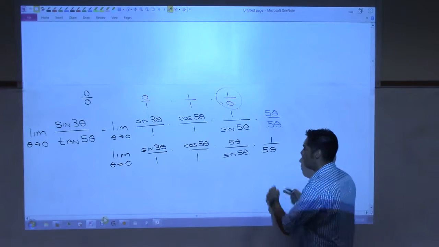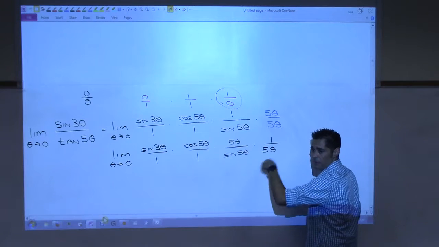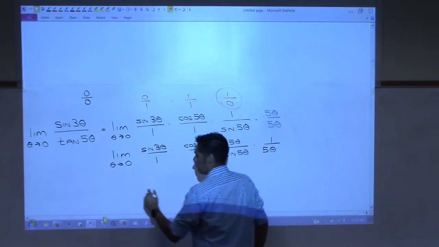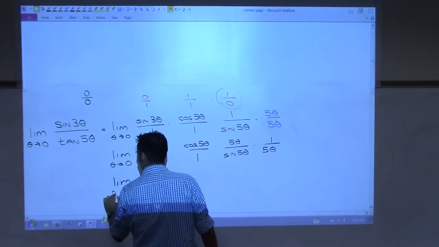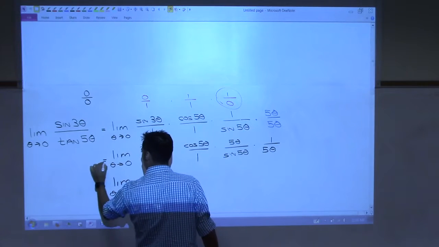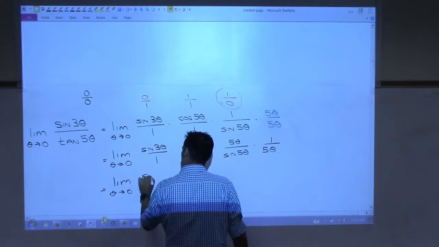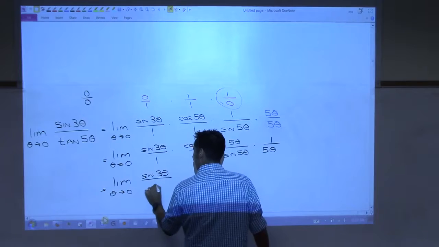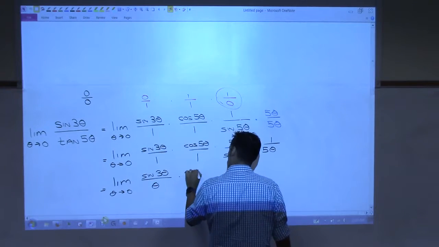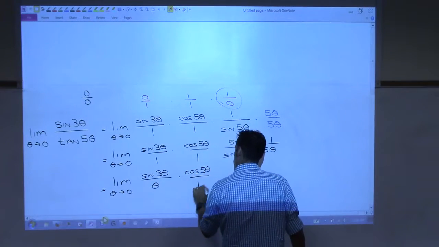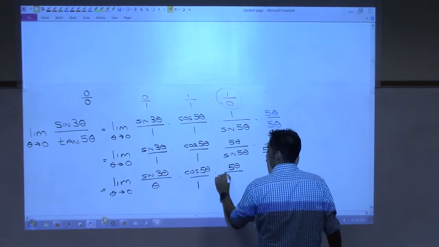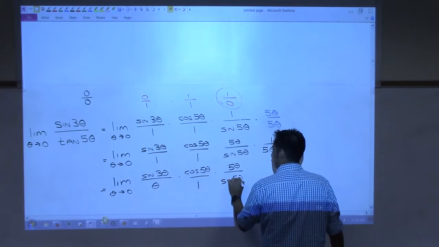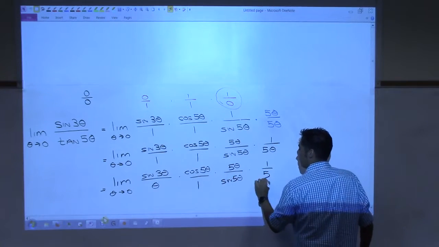So my next line would be to move just the theta, not the 5, underneath there. Is that all right? I'm using the commutative property of multiplication again. What's still over here? 1/5, right? Okay.